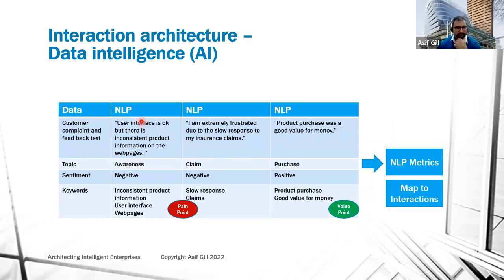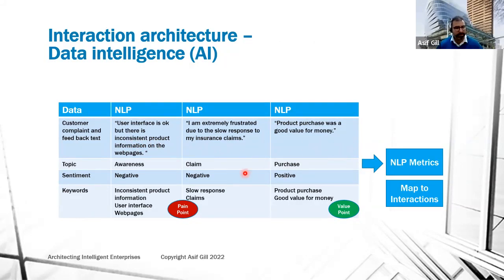Here's an example of how we can apply AI to the architecture data. Here you can see that I have customer complaint and feedback text coming in, and I can apply natural language processing from AI to those feedback items.